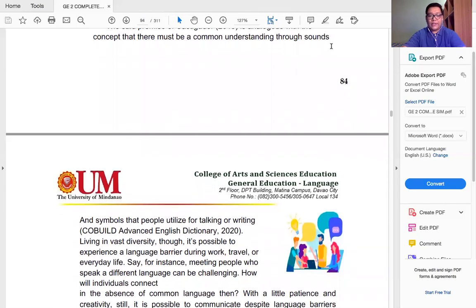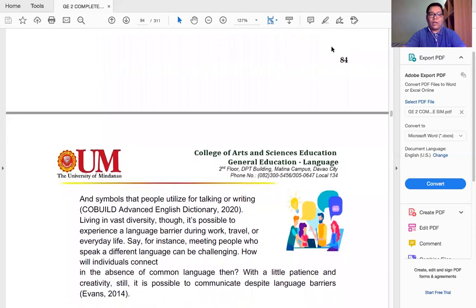Living in vast diversity, though, it's possible to experience language barriers during work, travel, or everyday life. Say, for instance, meeting people who speak a different language can be challenging. For example, if you're a Filipino and you are not that well versed in the English language, you might find it challenging conversing with an English speaking foreigner who asks for directions going to a specific location or place, right?